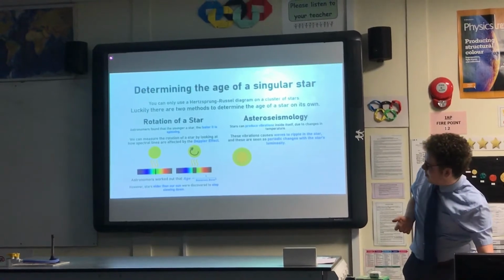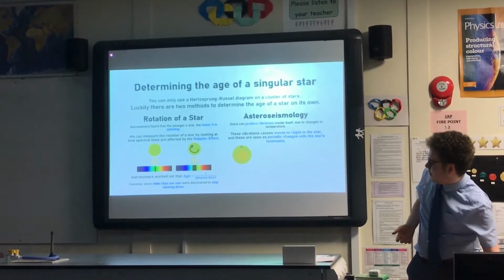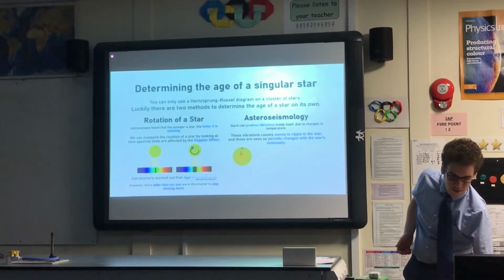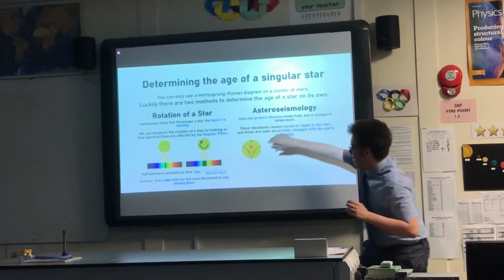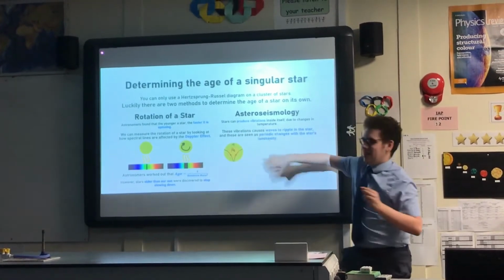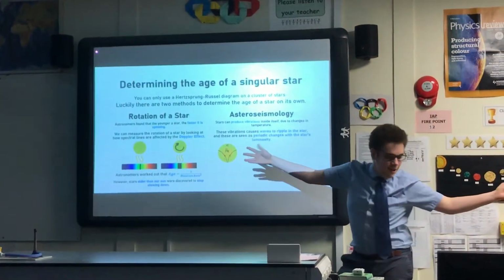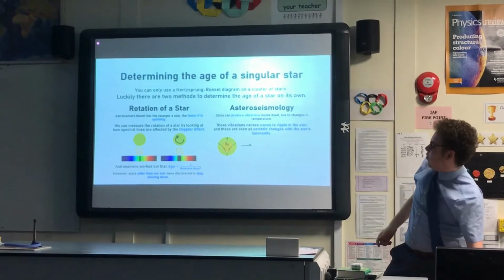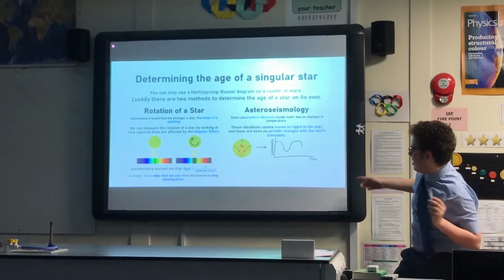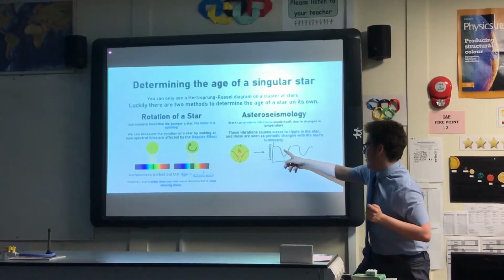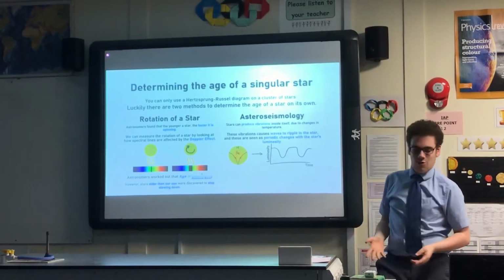So if we have a star here with a hydrogen and helium core, and some waves that ripple like this, kind of like seismic waves in the Earth, then what we see is this. If we plot luminosity against time, we see a periodic change in the luminosity, like this, due to the waves.